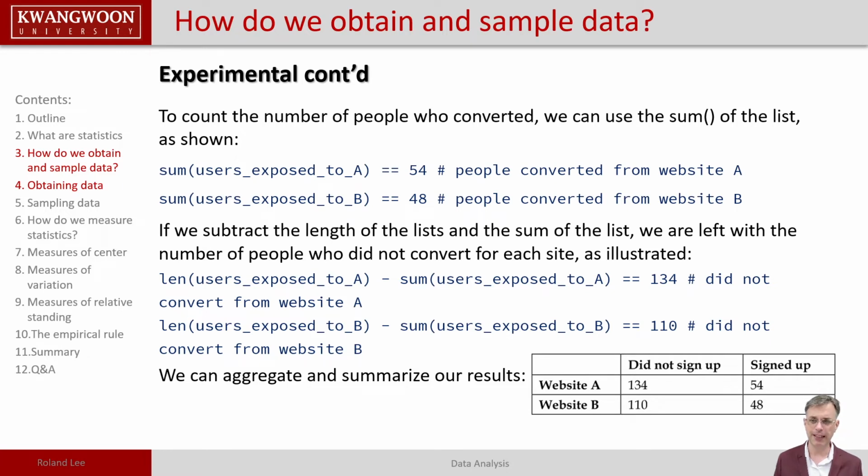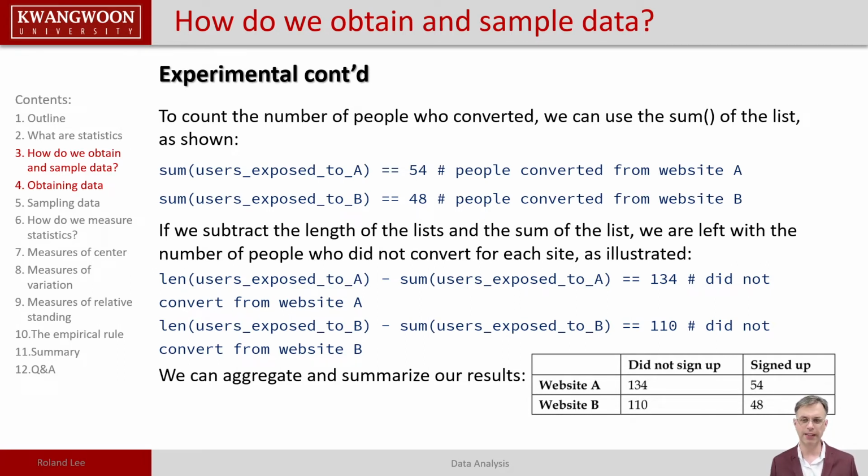If we subtract the sum of the list from the length of the list, then we are left with the number of people who did not convert for each. So here we have 134 who didn't sign up or did not convert, and 54 who did, and here 110 did not, and 48 did.